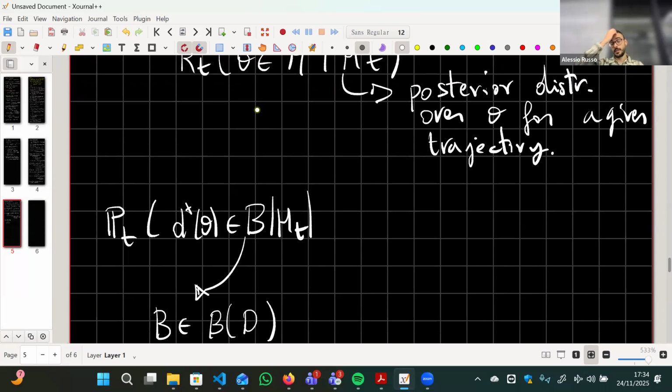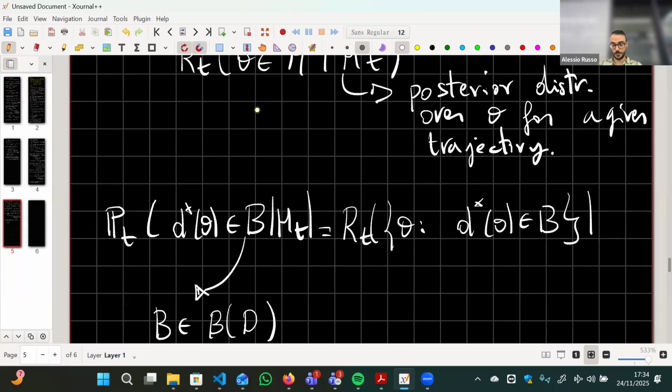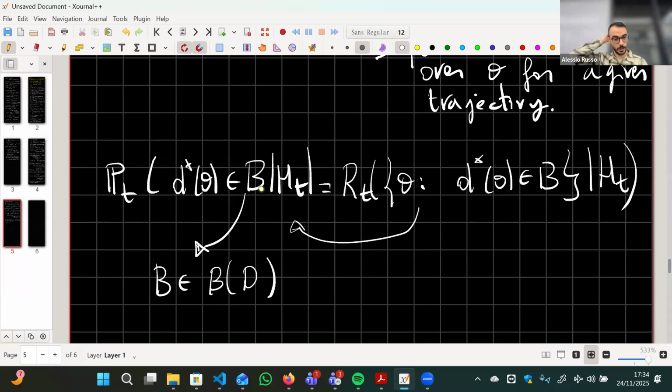This probability that theta star belongs to this set is simply R_t evaluated over all the models such that the true hypothesis in those models belongs to B. So by defining the log likelihood ratio, we are able to define the posterior distribution over models for a given trajectory, and from it the posterior distribution over the true hypothesis, which is simply the measure of all the possible thetas whose true hypothesis belongs to this set B, where B is any set in this Borel sigma algebra.